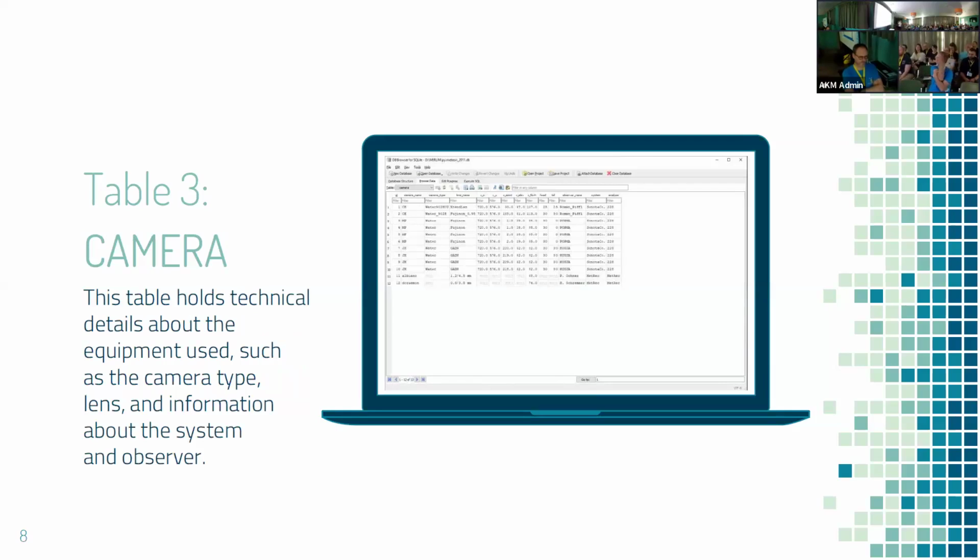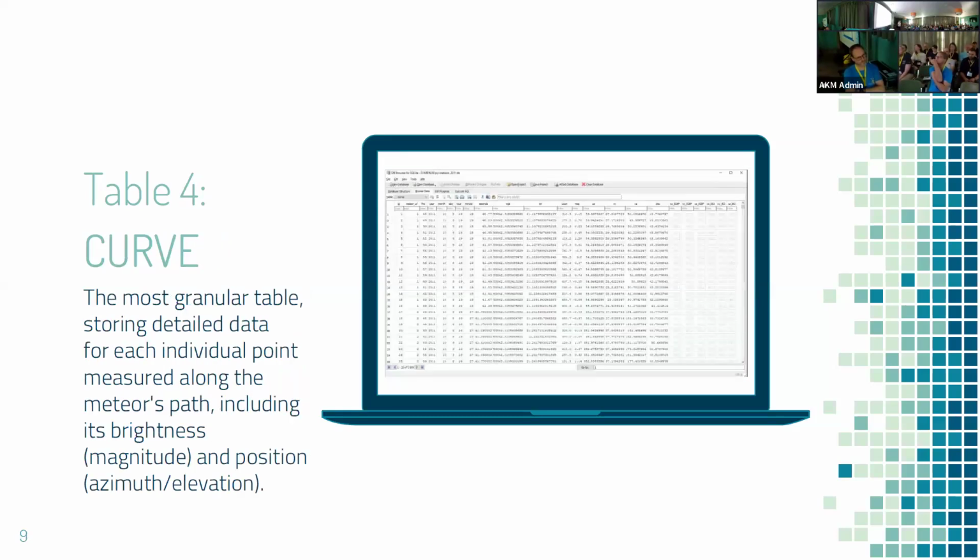We need the operator and the system in which the meteor was captured. And the large one is the table curve, the most granular table storing detailed data for each individual point measured along the meteor's path, including its brightness, magnitude, and position, azimuth and elevation.